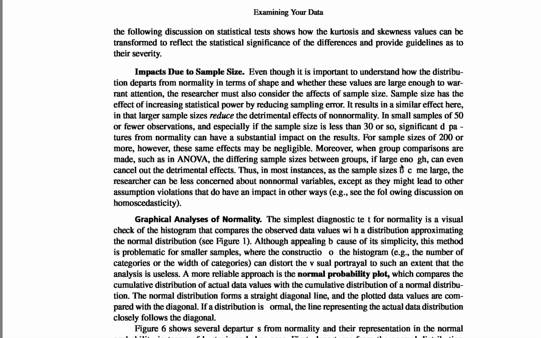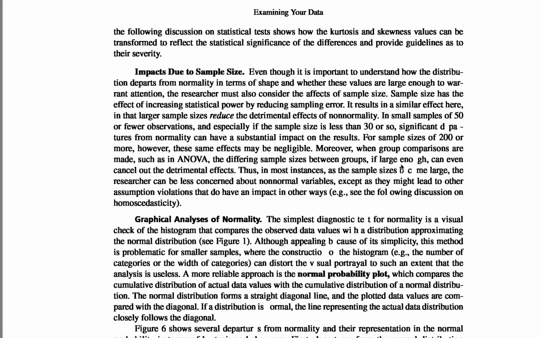Let's talk about the impact of sample size. Even though it is important to understand how distributions depart from normality in terms of shape and whether these values are large enough to warrant attention, the researcher must also consider the effect of sample size.